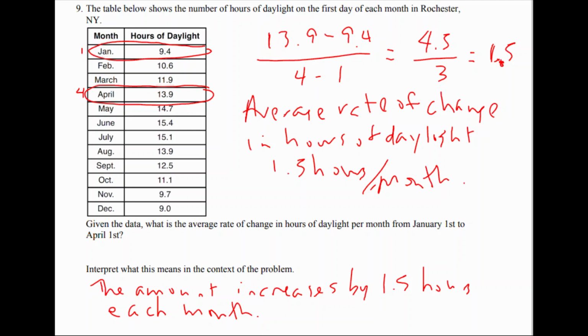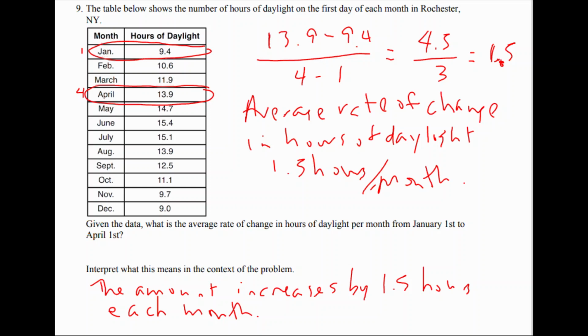If we see a positive change of 1.5 hours increasing for each month over those months from January to April, really 3 months, because it's from January 1st to April 1st, that's how we interpret this idea of the average rate of change. It's 1.5 hours per month. Therefore, the amount of daylight increases by 1.5 hours.